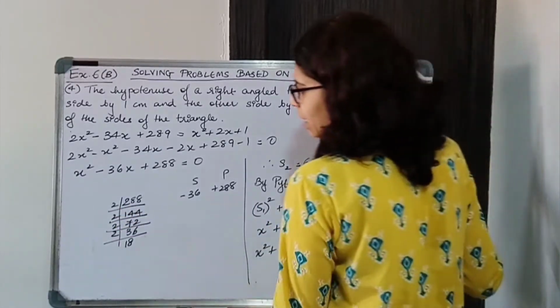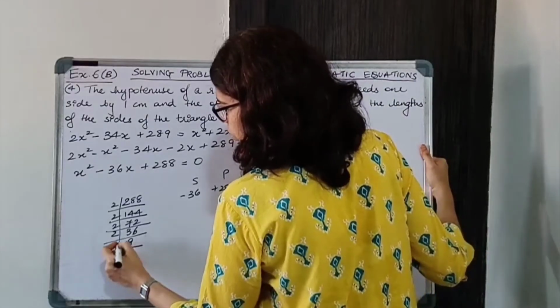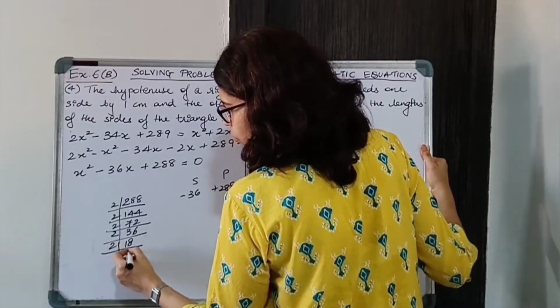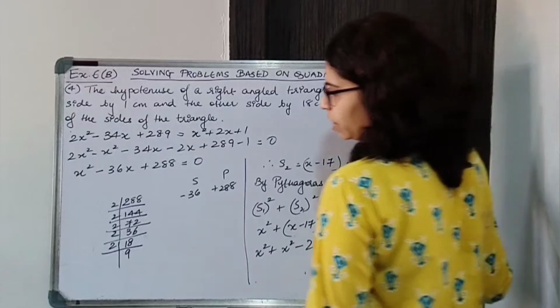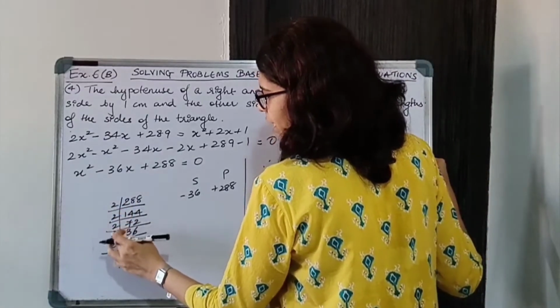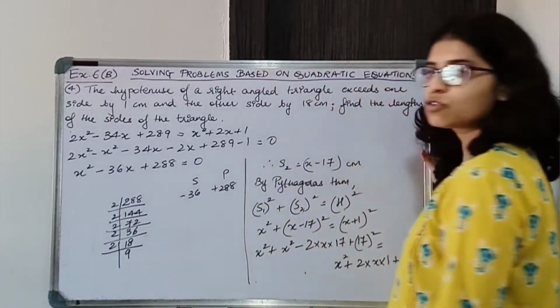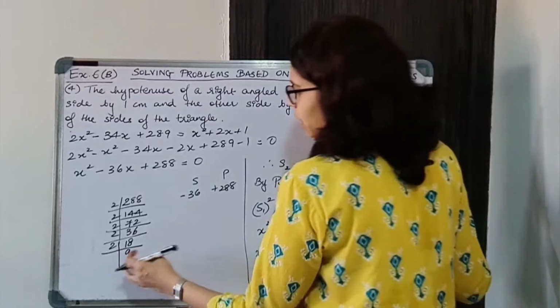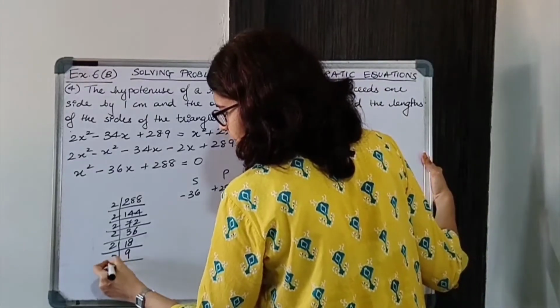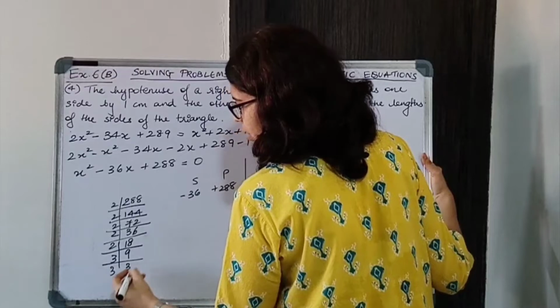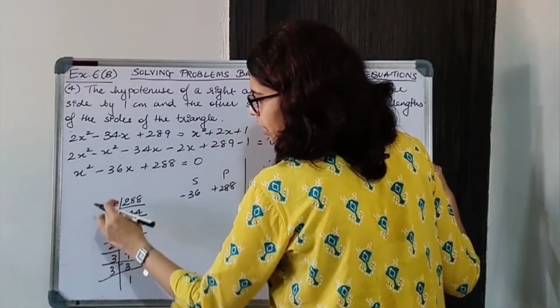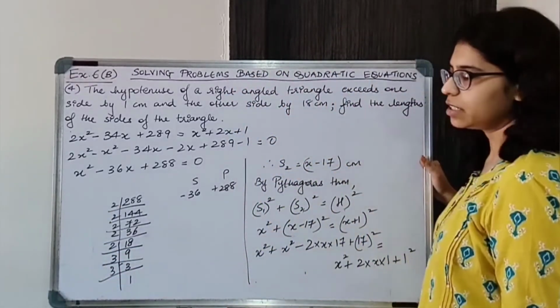So 16 and 18 will not give you 36. 2 9s are, okay. So 2 2s are 4, 4 2s are 8, 8 2s are 16, 16 2s are 32. 32 plus 9, no. 3 3s are and 3 1s are. So even if you take 3 and the factors over here, you will not get 36.